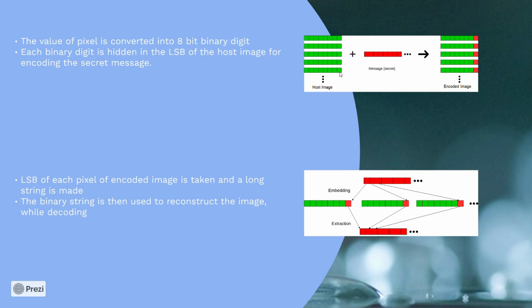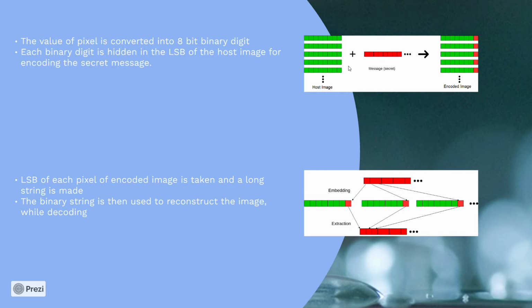So the change in the intensity of the color is just 1 by 255, and that change is so small that we cannot see it with our eyes. So that is what we are actually doing in this approach.